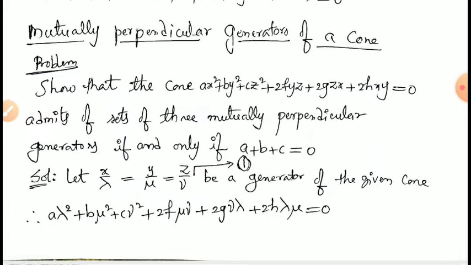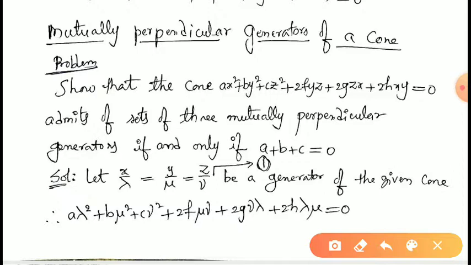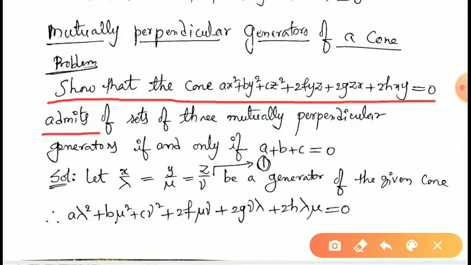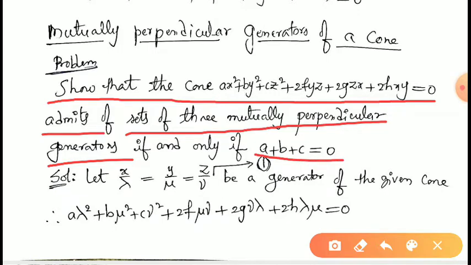Mutually perpendicular generators of a cone. See this problem. Show that the cone ax square plus by square plus cz square plus 2fyz plus 2gzx plus 2hxy is equal to 0 admits, means possesses, sets of three mutually perpendicular generators if and only if this condition is satisfied: a plus b plus c is equal to 0. So what do we have to prove here?